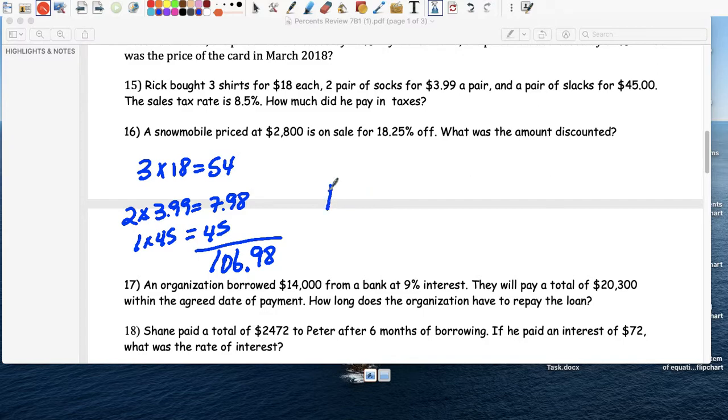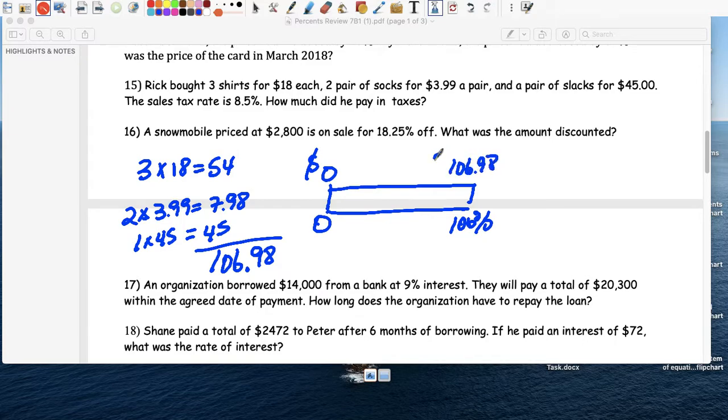So remember, guys, I'm really hoping you guys are doing the work. So 100% of our value is $106.98. So we've got to add on tax to this, right? And the tax is 8.5%. So our 100% is going to be 108.5%.